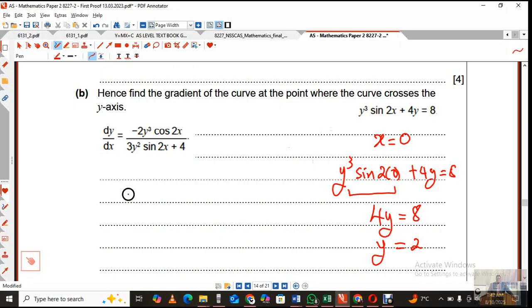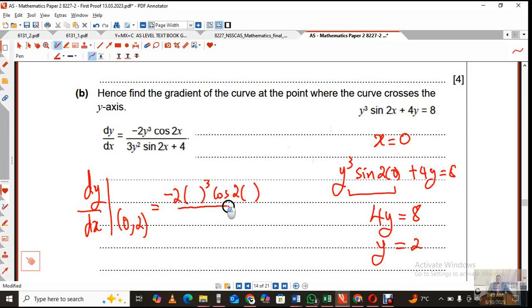So the point that I'm going to substitute into my derivative function dy dx is x is 0 and y is 2. Let's put brackets before I do the substitution to avoid making mistakes.